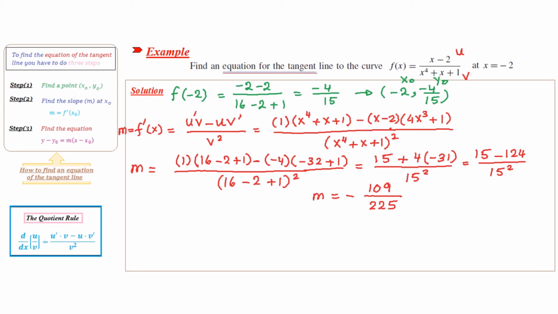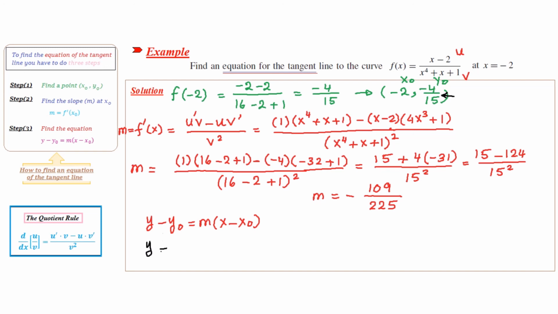Now you have to find the equation of the tangent line, and as you know, the equation is y minus y0 equals m multiplied by x minus x0. So y minus y0 is y minus -4 over 15.